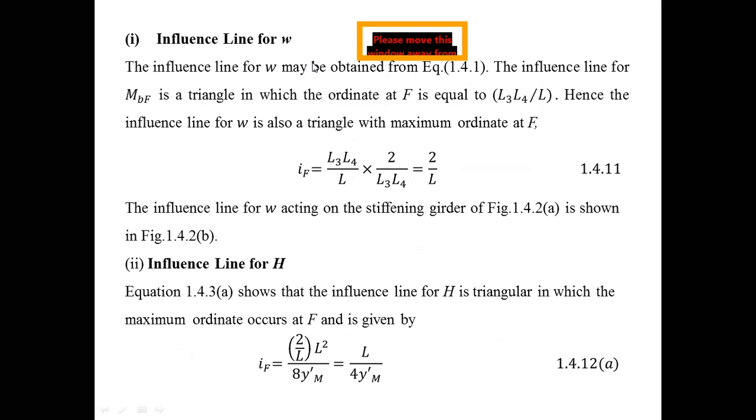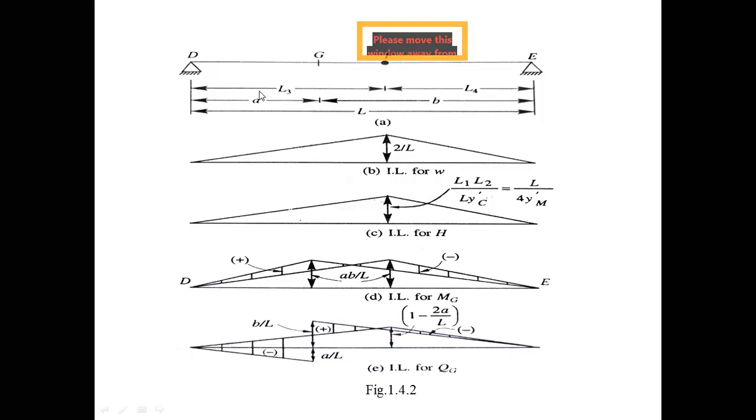The third hinge will be placed at a distance L3 from the left support, and the total length of the girder is L. A is the position of any point G on the girder, placed at distance A from support A.